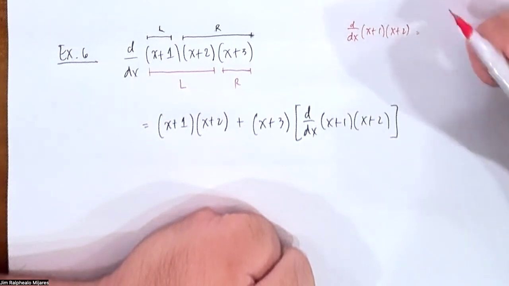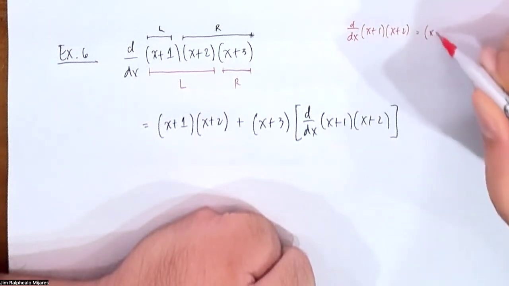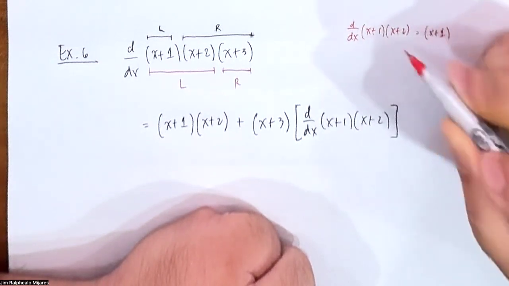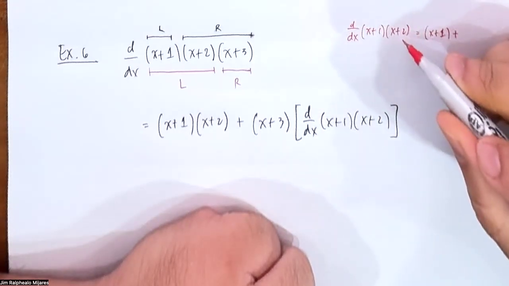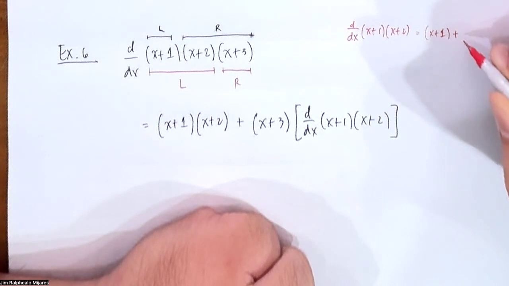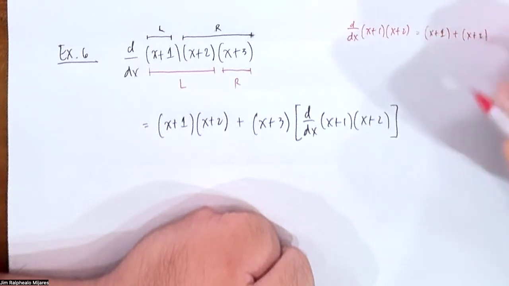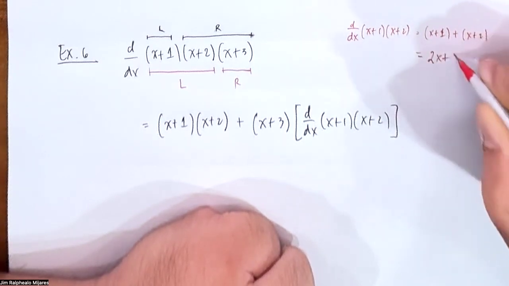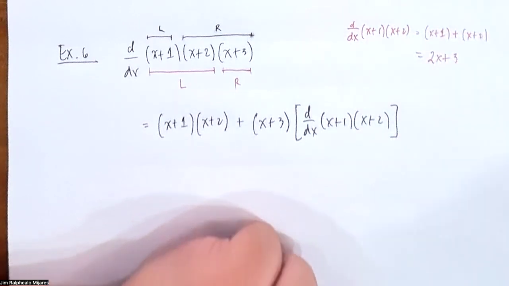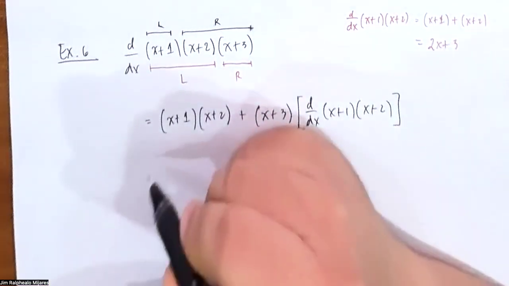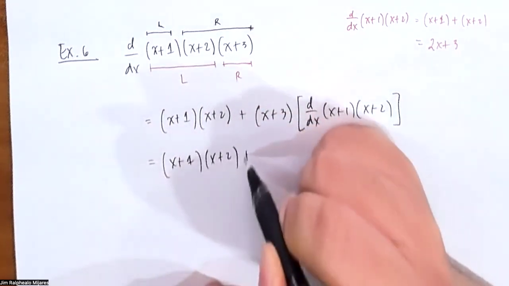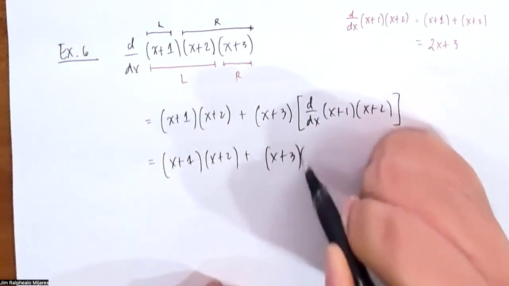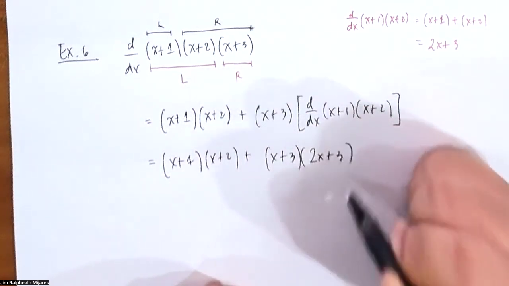In this case, left d right, so left times d right, which is just 1, plus right times the derivative of x plus 1, which is just 2x plus 3. Okay? So this becomes x plus 1 times x plus 2 plus x plus 3 times 2x plus 3.